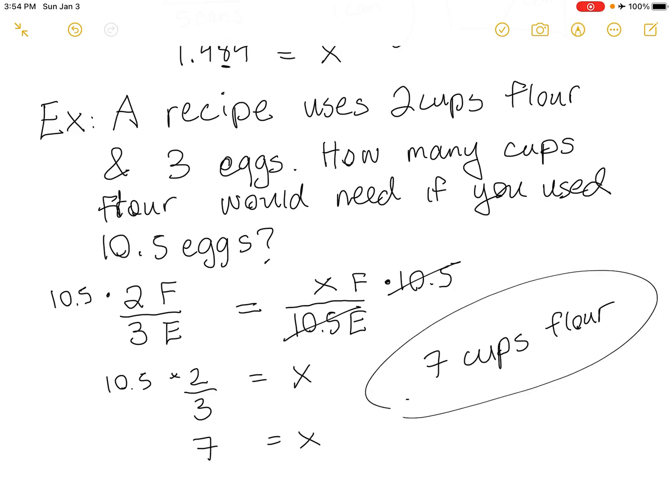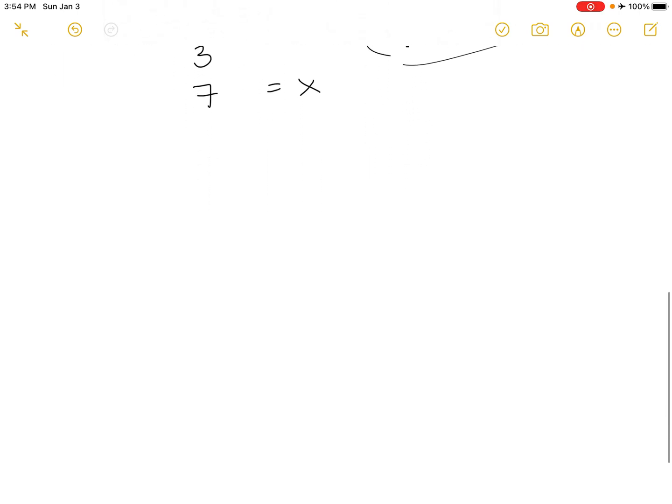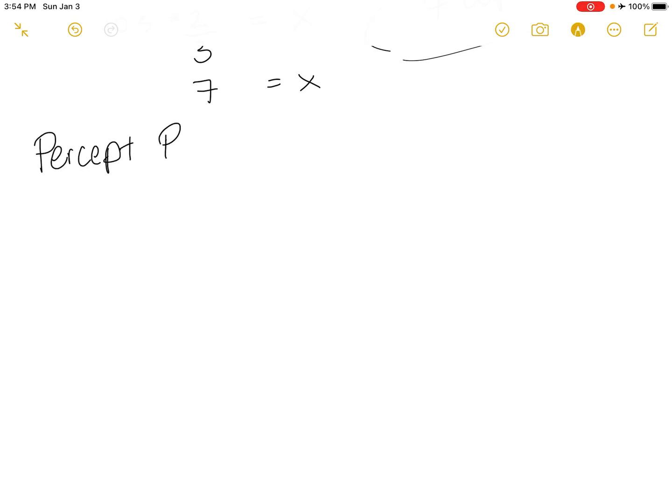Okay, all right, so that's another type of problem that we did. And then the next few sets of problems that we did involved percent. And these were also applications of proportional reasoning.